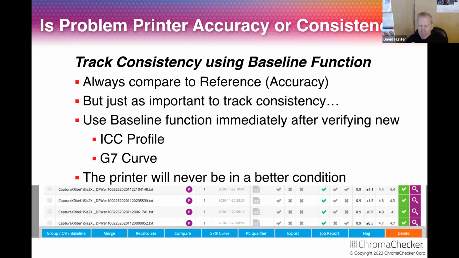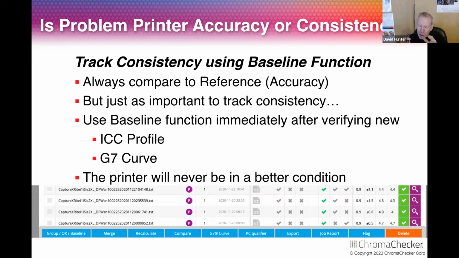So from the beginning, within ChromaChecker, we built in the ability to track not only accuracy, meaning how close is the printer hitting Grackle, so think of that dart target, but oftentimes, more importantly, how close is that printer matching itself from when we first set it up to match Grackle? So we've built this ability to have a baseline, and the baseline tracks the consistency of the printer.